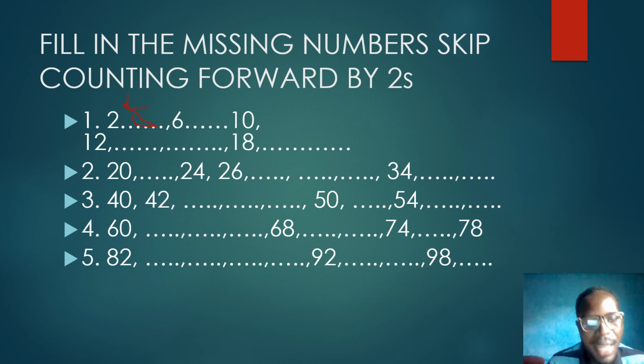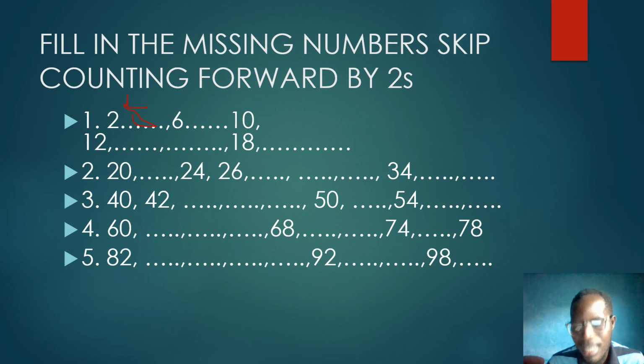We have 82. 82 plus 2, 84. 84 plus 2, 86. 86 plus 2, 88. 88 plus 2, 90. 90 plus 2, 92. 92 plus 2, 94. 94 plus 2, 96. 96 plus 2, 98.